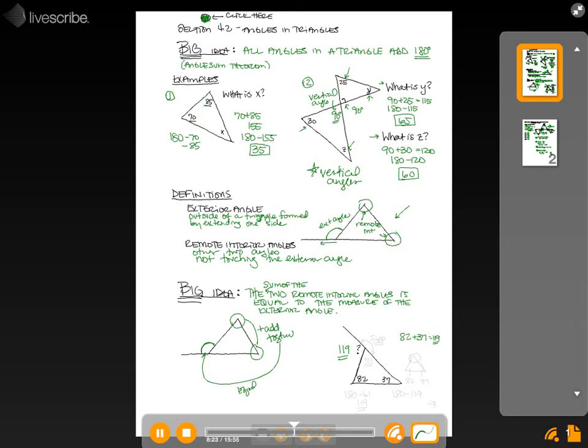You can do it in two steps. If we forget about the exterior angle for a second and we just look at our triangle, I'm just going to redraw the triangle right here. And I didn't do a good job. But that's 82 and this is 37. Let's find this missing angle of our triangle. Well, 82 plus 37 is 119, and then we would have 180 minus 119.